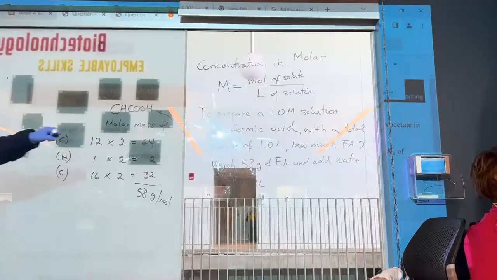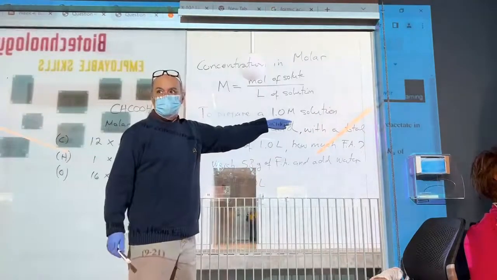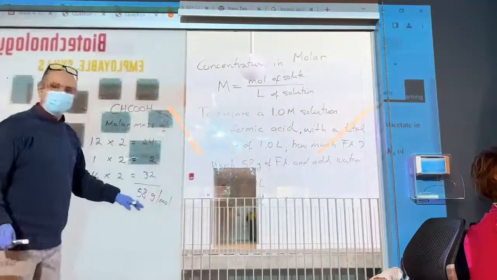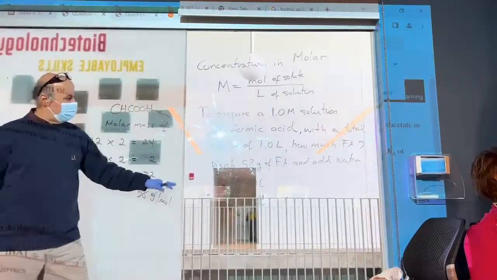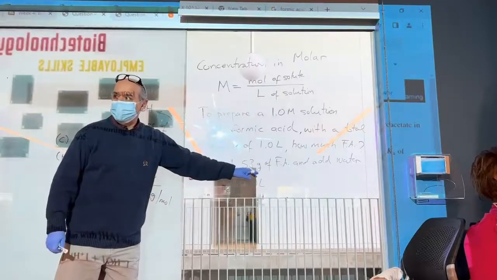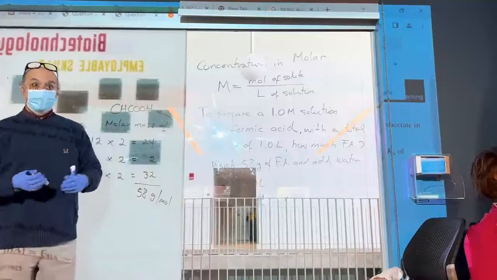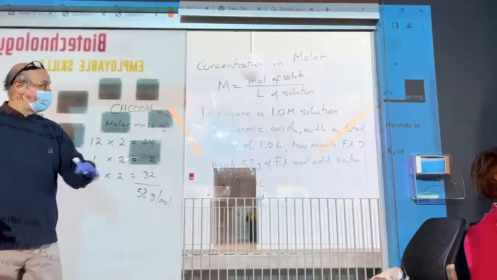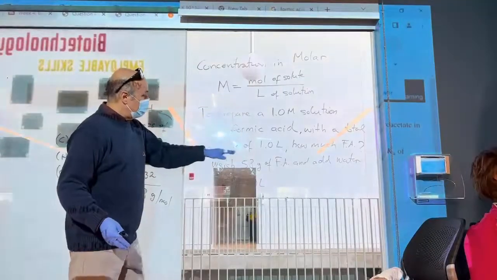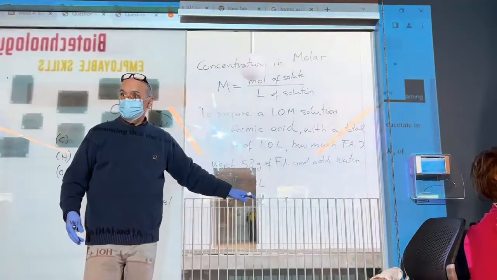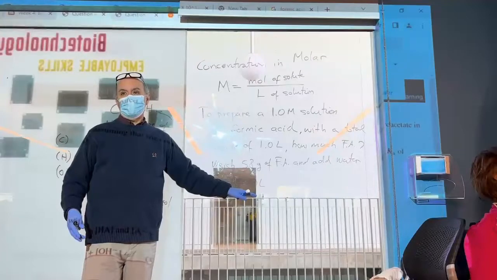If you want to prepare a 0.1 molar, that's 0.1 moles, which means 58 times 0.1, that would be 5.8 grams in 1 liter. The volume remains the same. If we wanted a half a liter instead of a liter, let me think about that.